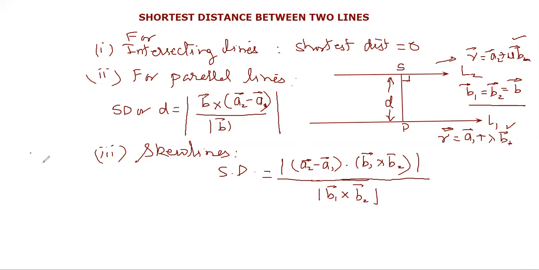Here the lines are skew lines. Line 1 will be vector R is equal to A1 plus lambda times vector B1. And for line L2, vector R is equal to A2 plus mu times B2 vector. Then the shortest distance we can find this way.